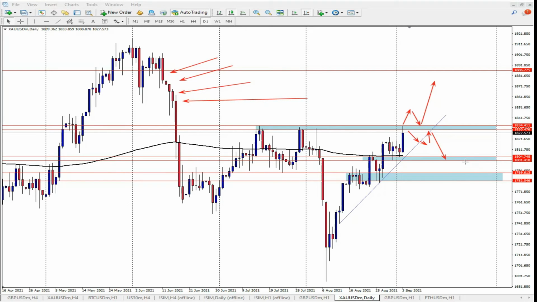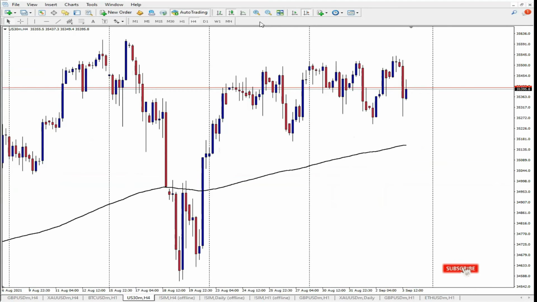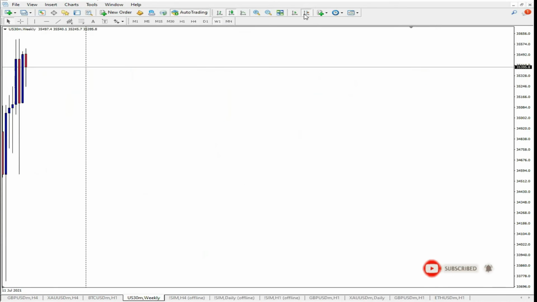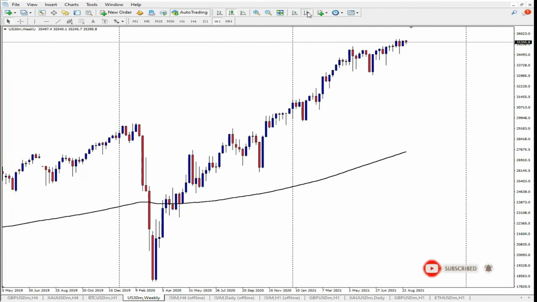Remember, this is the daily. So the next pair we're going to be looking at is our usual, which is the US30. So this is H4. So we start this week again on the weekly. On the weekly, as you can see, for the past 3 weeks, price has been kind of arranging. It has been trading sideways. That is why you can see after this kind of a pin bar, doji pin bar, price pushed higher.